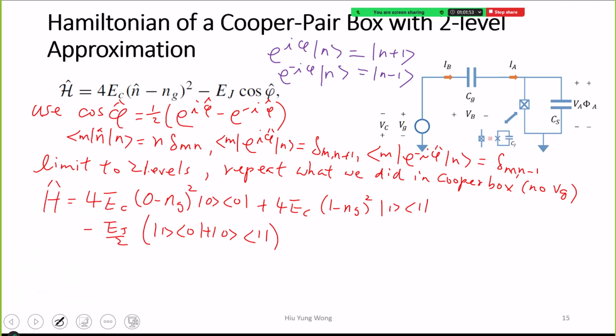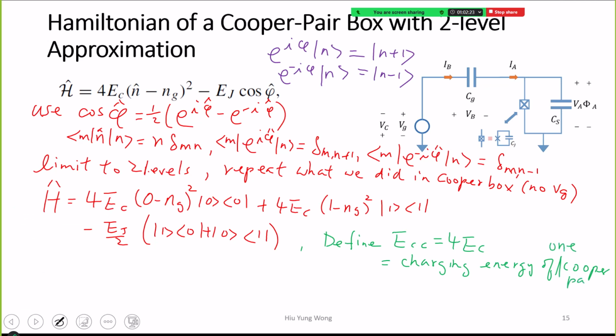I also now define, which we also did before, but now make it explicit, ECC equal to 4EC, which means this is equal to the charging energy of one Cooper pair, right?